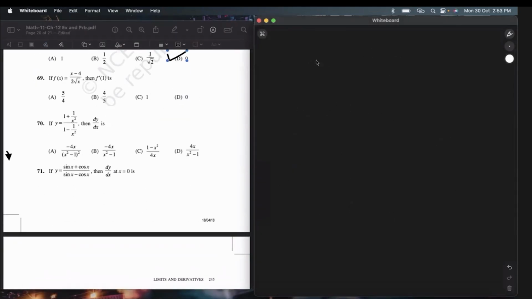It has been given to me that f(x) is equal to x minus 4 divided by 2 times under root of x. Then they want us to find f dash 1, right? The same question that we had above. There they first wanted us to find dy by dx and put the value of x equal to 1. Now it is more convenient to write it like this. All right.